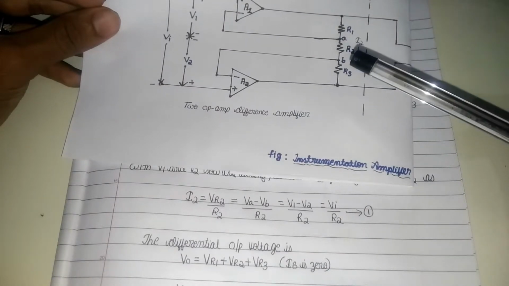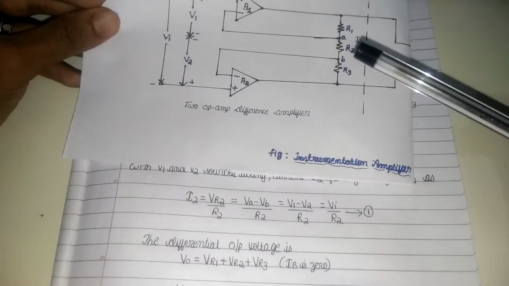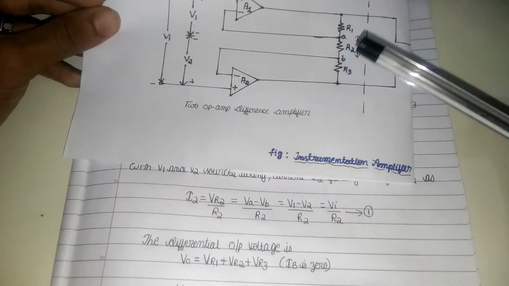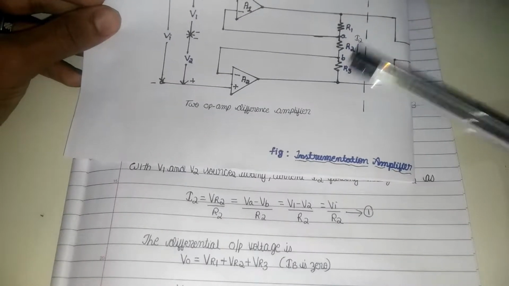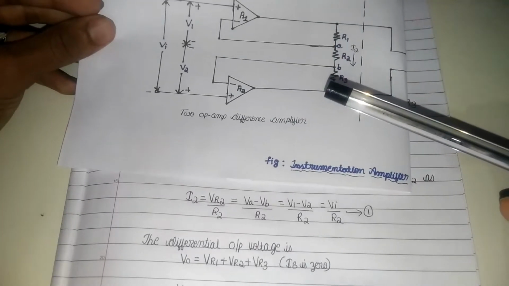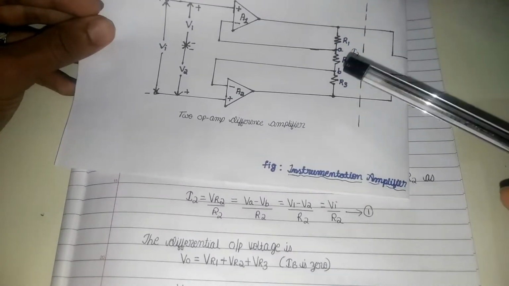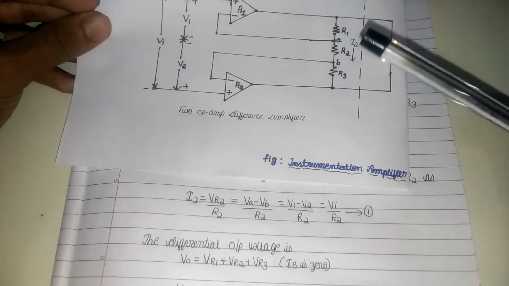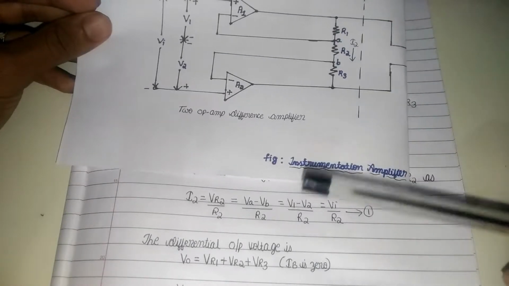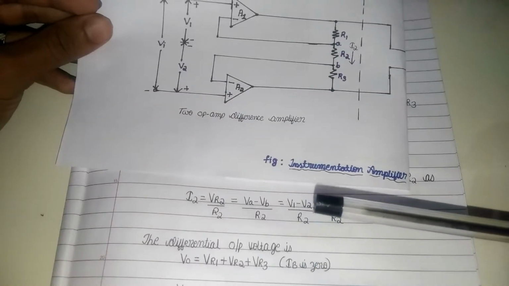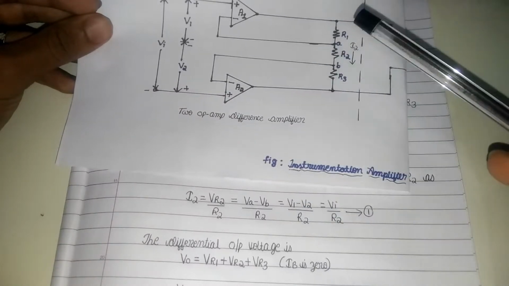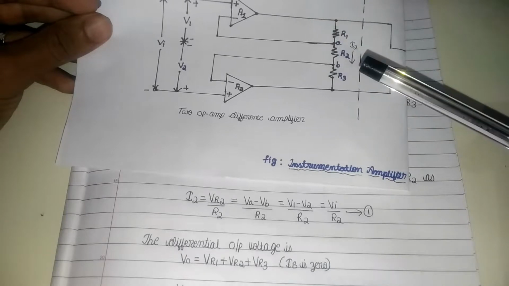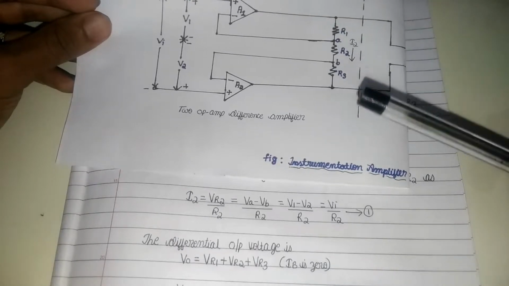VR2 is nothing but the voltage present across R2, divided by the resistance R2. This formula is through Ohm's law, and therefore VR2 can be expressed as VA minus VB divided by R2, and this can further be expressed as V1 minus V2 divided by R2.